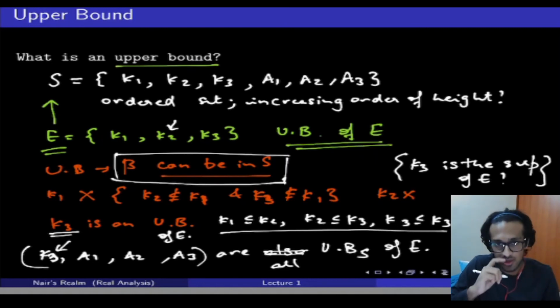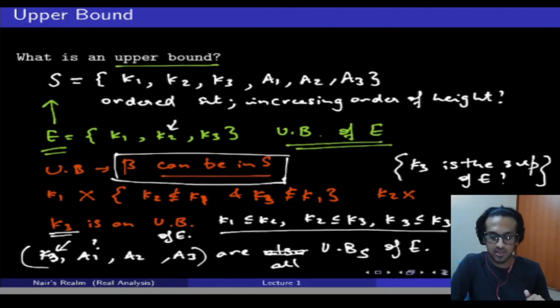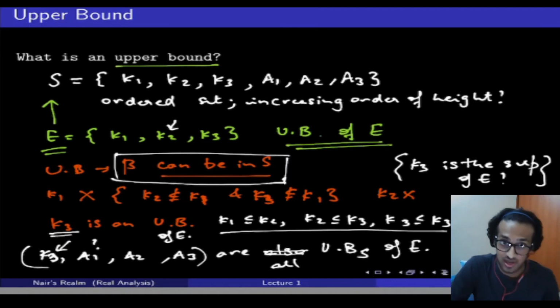Now, is K3 the only supremum? Can there be two supremums? Is that possible? Let's think about it. Can A1 be a supremum? Let's say A1 is a supremum. A1 is an upper bound, so that's satisfied. But what element is less than A1? K3 is less than A1. And is K3 an upper bound of E? Yes, it is.